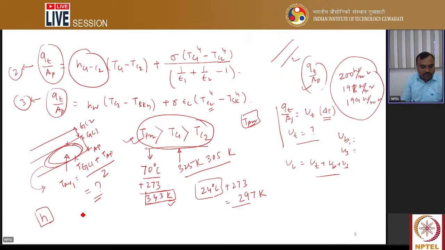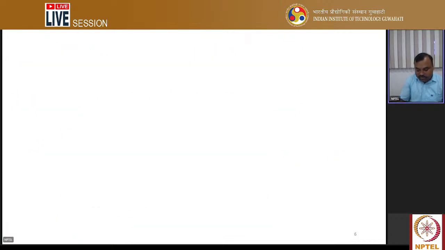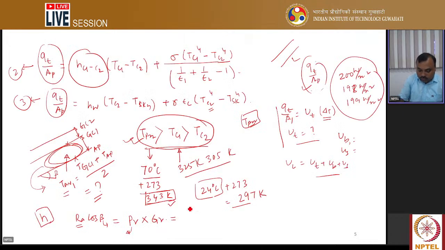Then, for example, if we have to use a correlation, it is assumed that we have the Ra cos beta value. So beta may be this angle beta. Ra is the Rayleigh number, which is Prandtl number into Grashof number. Prandtl number we can get at the particular air temperature. And the Grashof number is beta g delta T L cube by nu square.